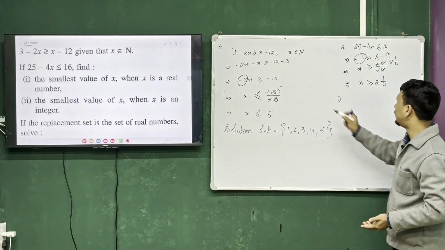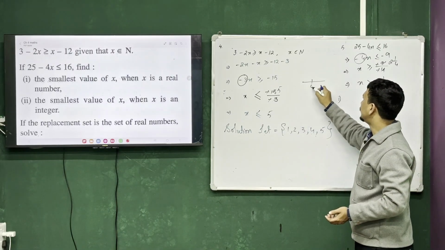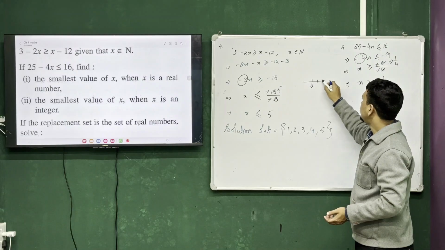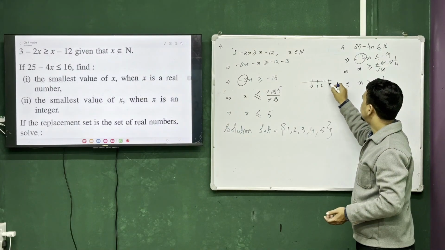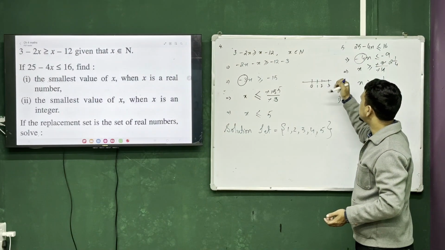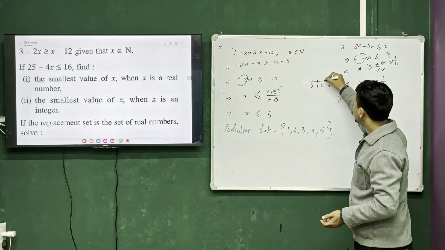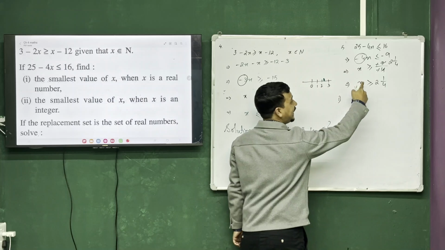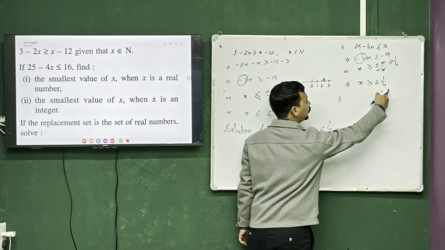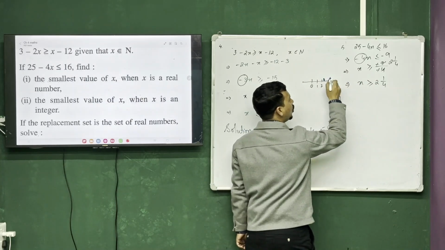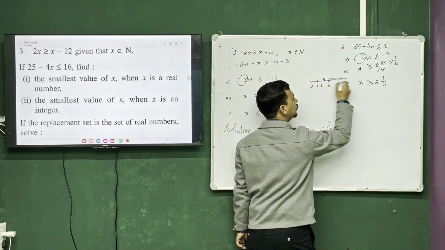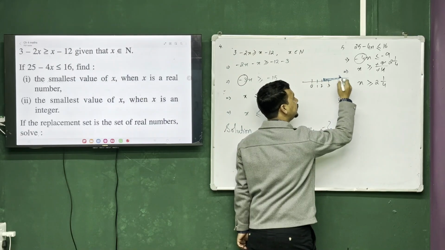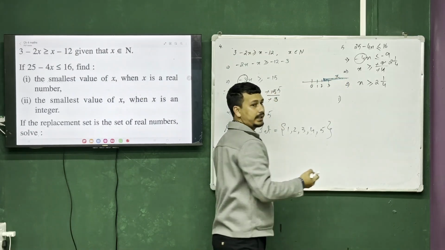Let me show you with the number line. For example, we have 0 here, and we have 1, 2, and then 3. So 2 1/4 will be somewhere around here. Here we are saying x must be greater than or equal to 2 1/4. That means all these values are possible values of x.